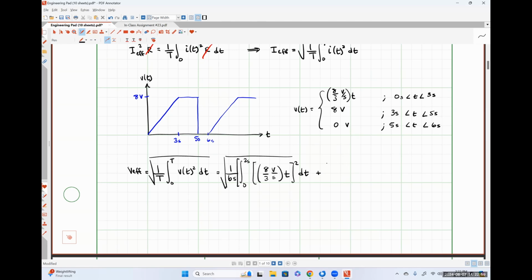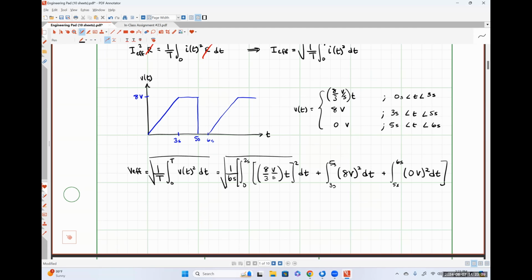Then we are going to be integrating over the interval from 3 seconds to 5 seconds, 8 volts squared with respect to time. And then lastly, over the interval from 5 seconds to 6 seconds, we're going to be integrating 0 volts squared with respect to time.